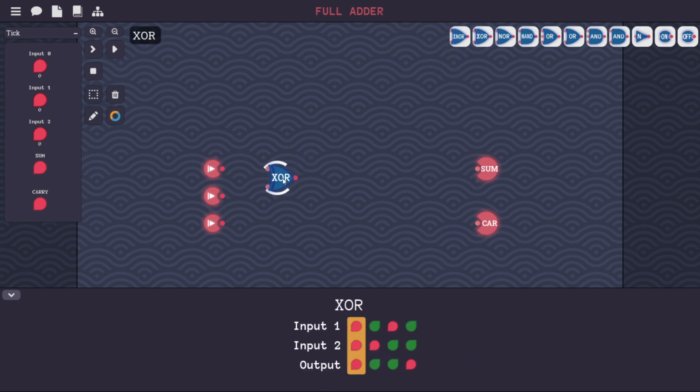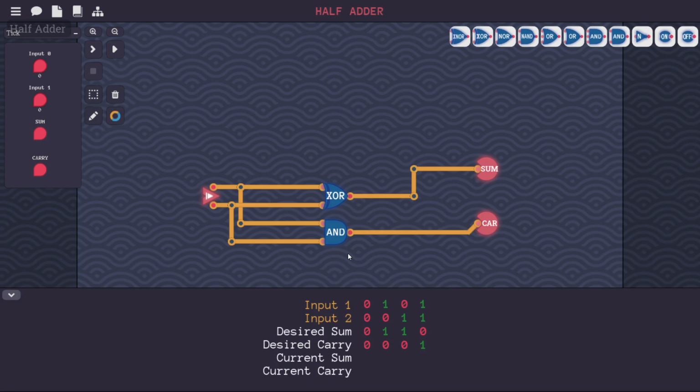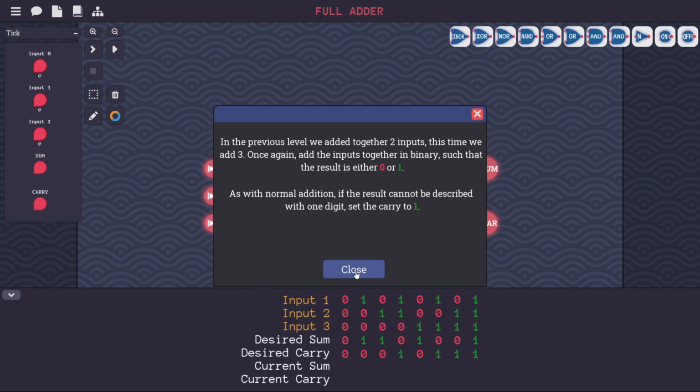The half adder was something like this. We had an XOR. We also did have an AND gate to get the carry.